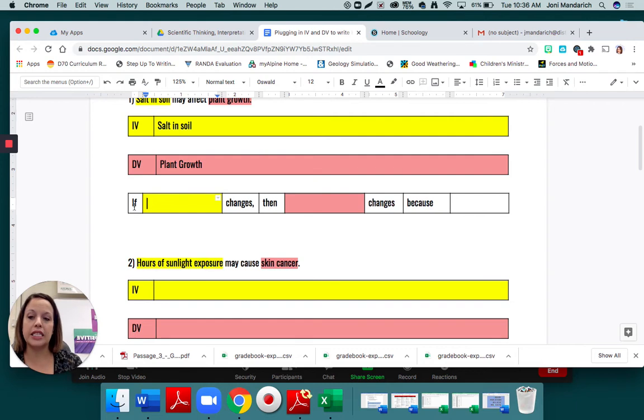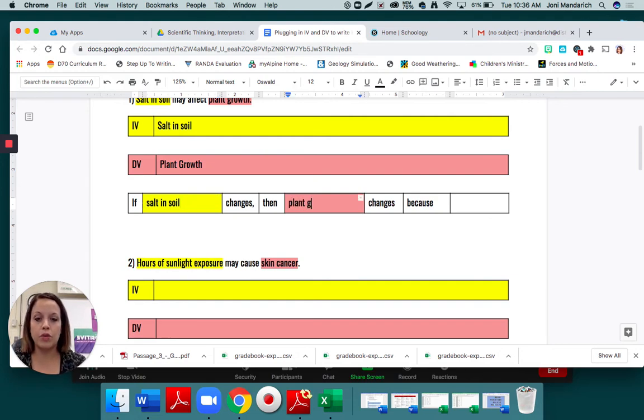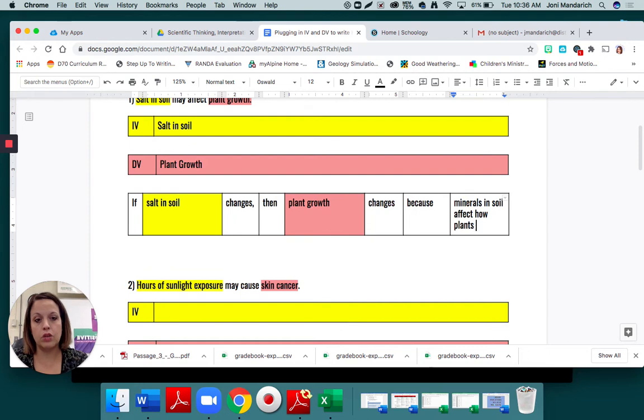Here's my hypothesis. If the salt in the soil changes, then the plant growth changes because I'm going to say minerals in soil affect how plants grow.